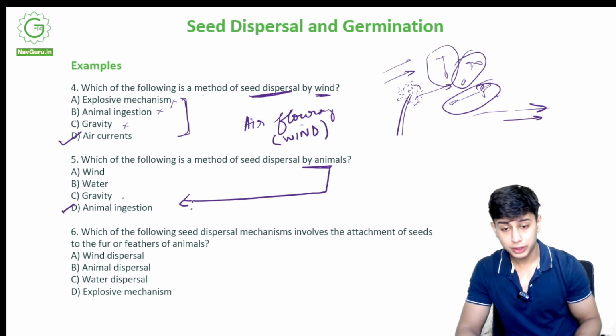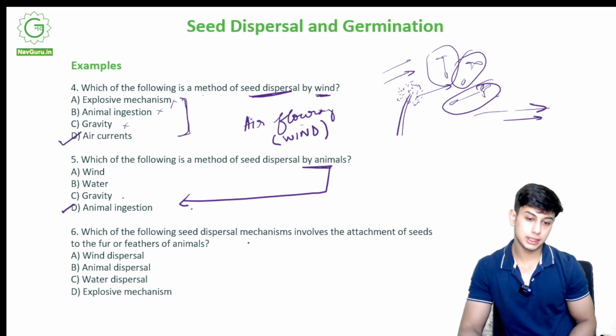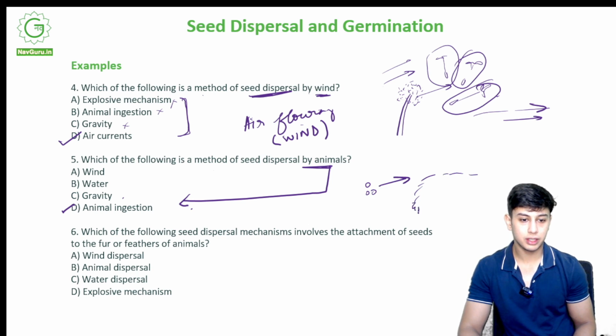Which of the following seed dispersal mechanisms involves the attachment of seeds to the fur or feathers of animals? What happens is, if there is a seed, it will attach itself to the fur of the animal.